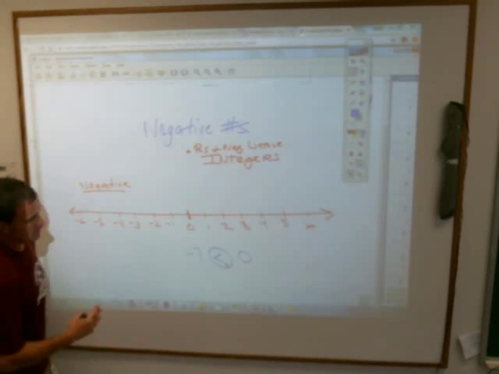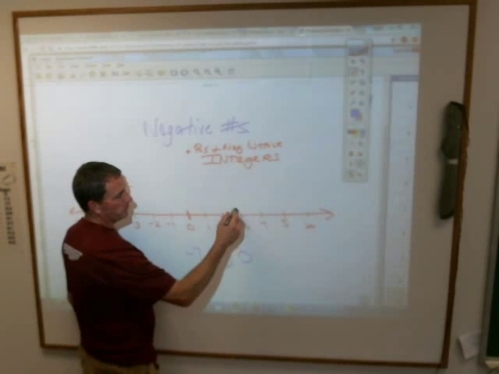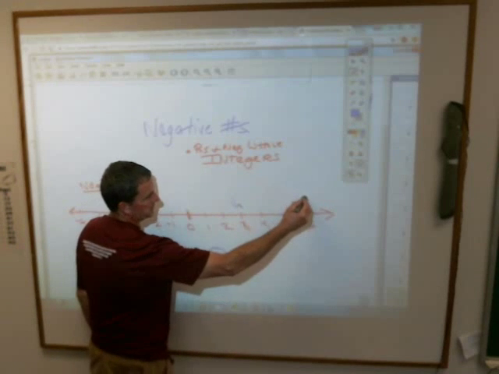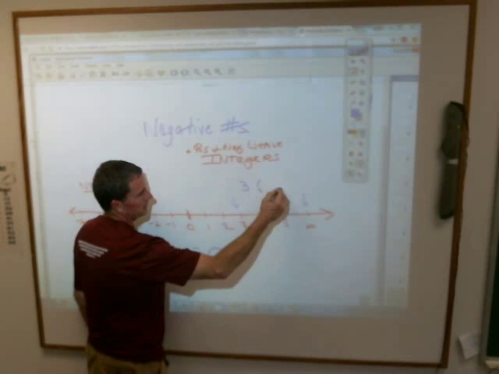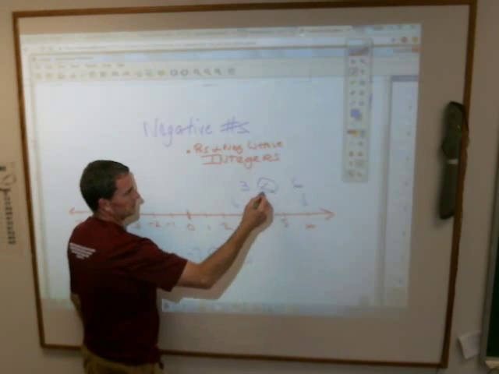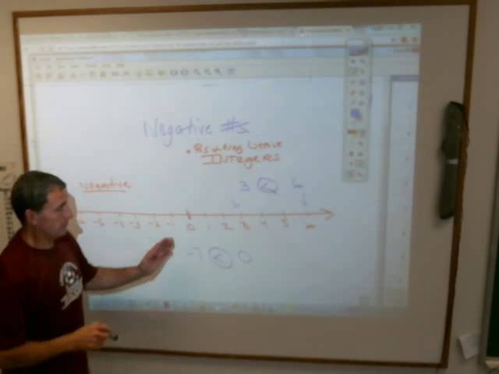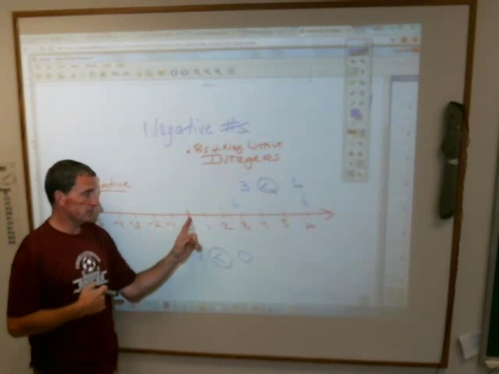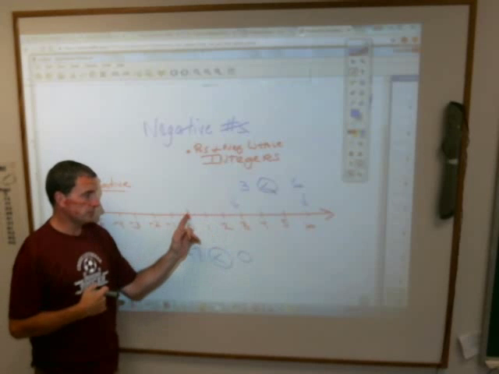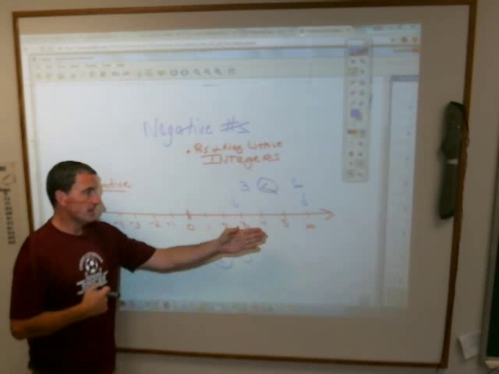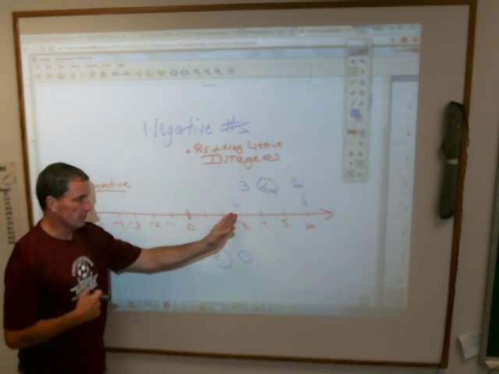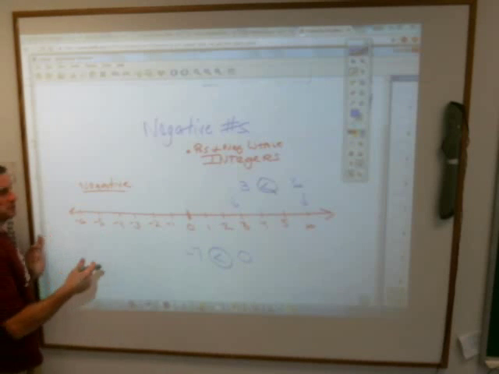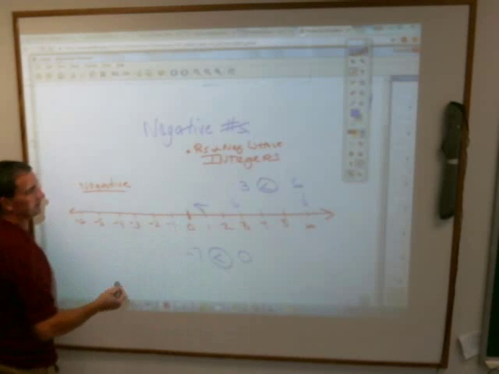One of them being, if you look at a number line and compare the number 3 to the number 6, 6 is bigger. Any number to the right of any number is bigger than it. In other words, 1 is bigger than 0, 2 is bigger than 0, 3, 4 are bigger than any number that falls down here, because numbers get smaller and smaller as they go to the left.